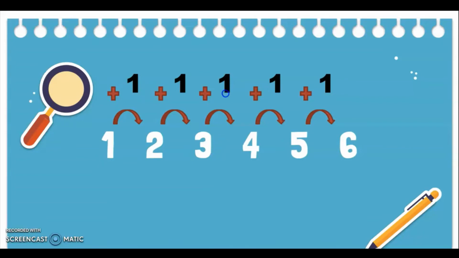For example, look at this number pattern here. So, we have 1, 2, 3, 4, 5, and 6. What is the pattern? Simple. So, you will have 1 and then you add 1.